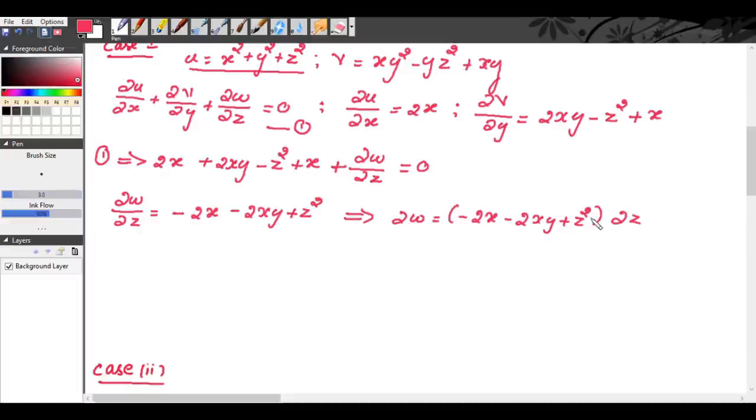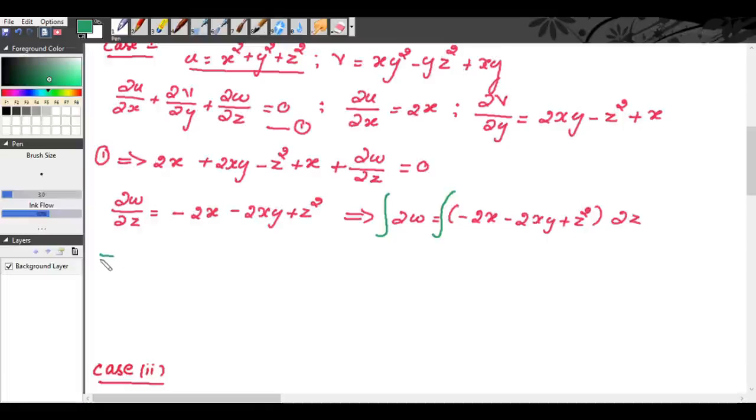So we can integrate on both sides. While integrating, we put integration of dou w is equal to integration of minus 2x minus 2xy plus z square into dz.